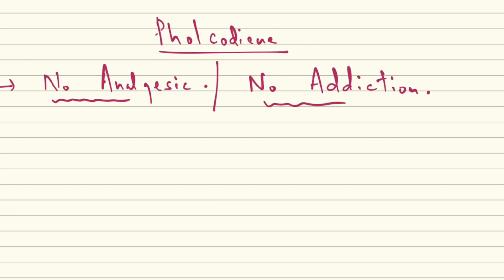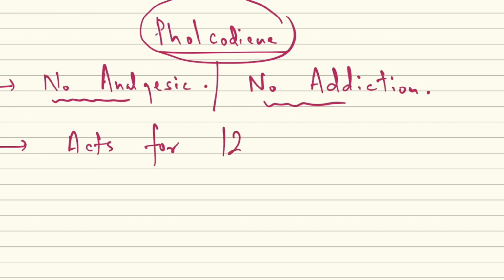But its efficacy as an antitussive is similar to codeine. The important thing about pholcodine is that it is a longer acting drug. It acts for 12 hours, compared with codeine, which acts for 6 hours. The dose of pholcodine is 10 to 15 mg.